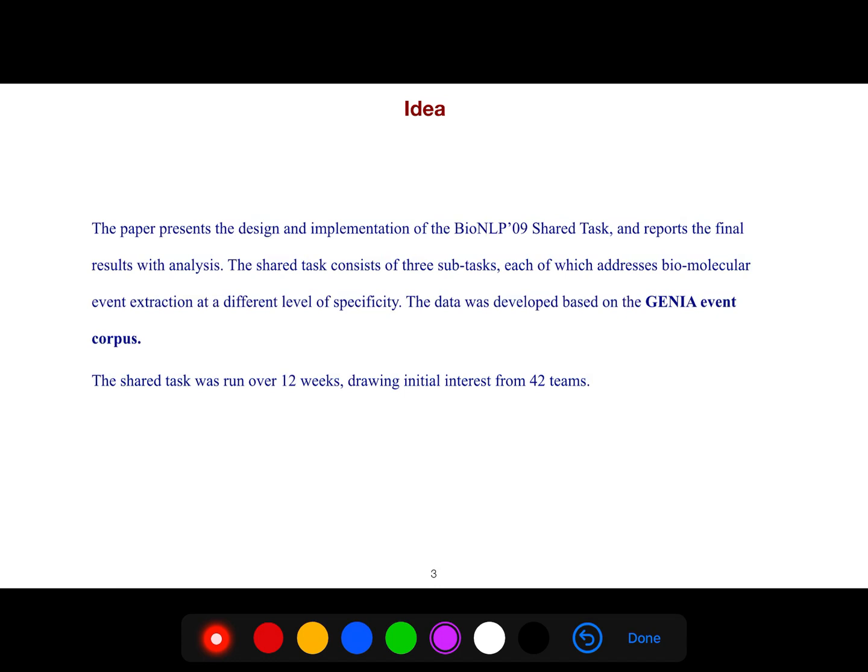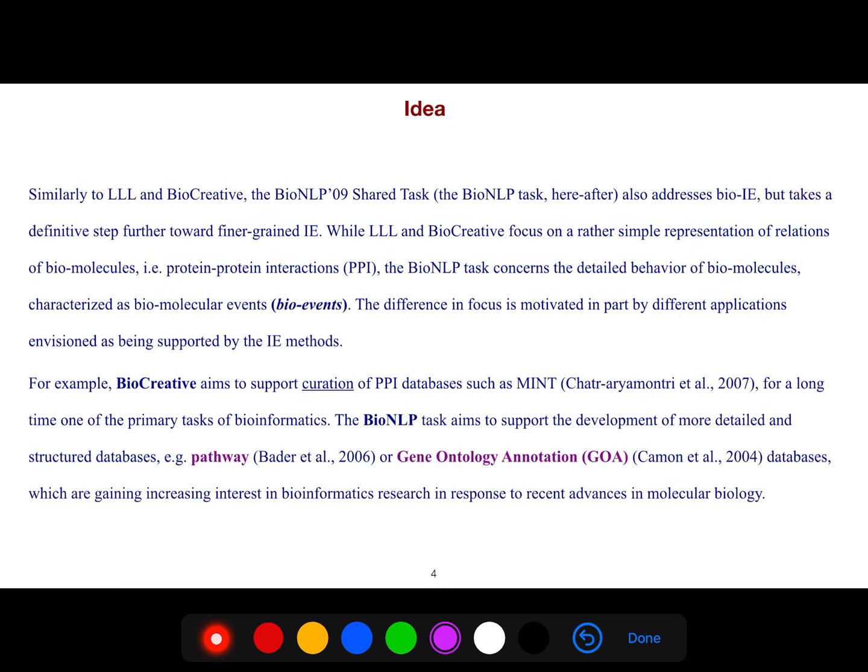The data is based on the GENIA corpus that we always use. The shared task was run over 12 weeks, drawing initial interest from 42 teams. Similar to LLL and BioCreative, these are good, important datasets.